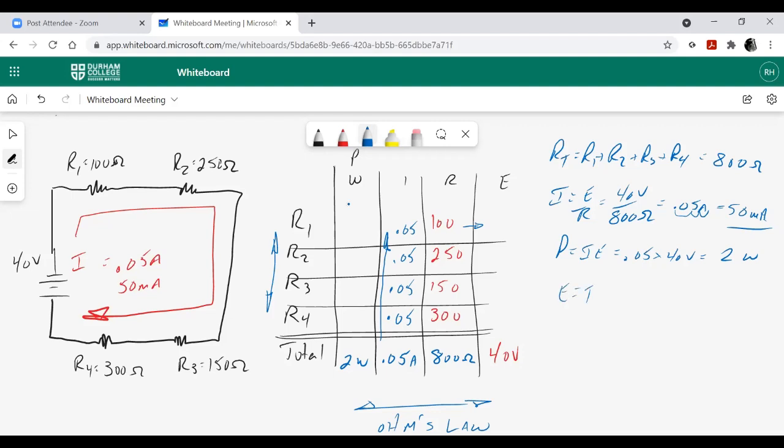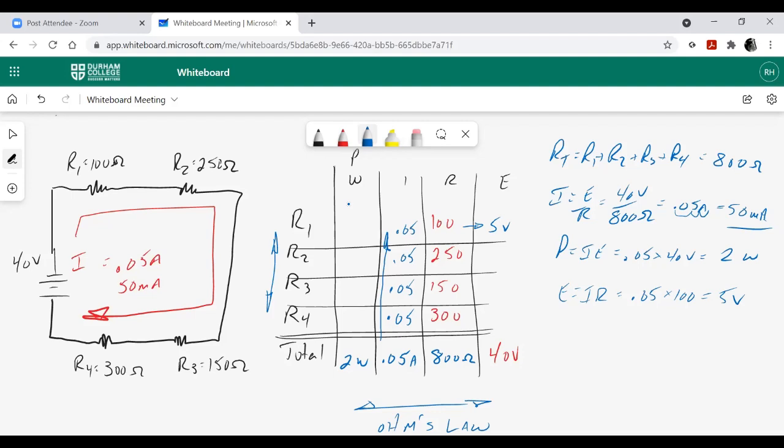E equals I R. So my first one is going to be 0.05 times 100. That's easy. I'm just moving the decimal places over. So that's going to be 5 volts.